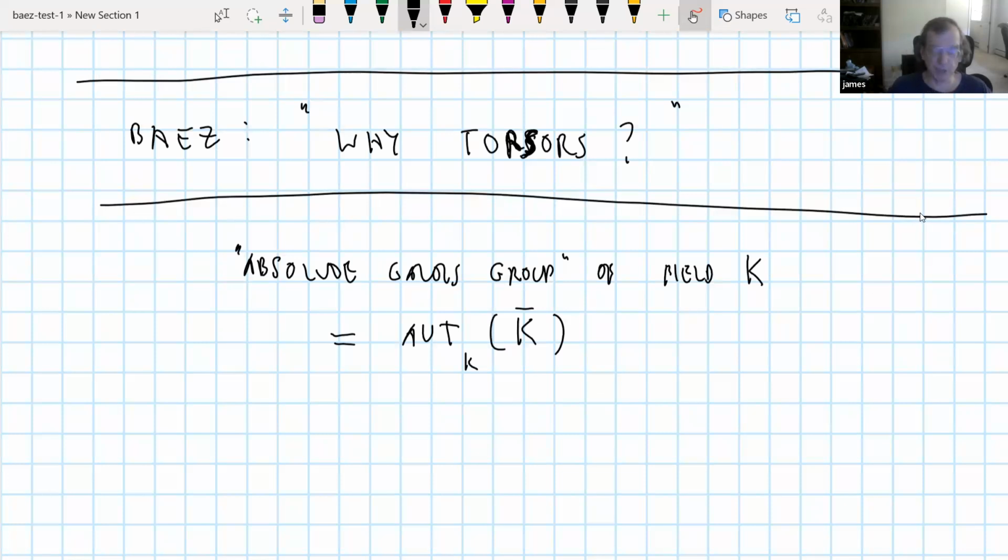In principle, you can get a whole picture of the fundamental group of the variety or the scheme by knowing how that fundamental group maps into, for example, arbitrary finite groups or arbitrary profinite groups or something like that.